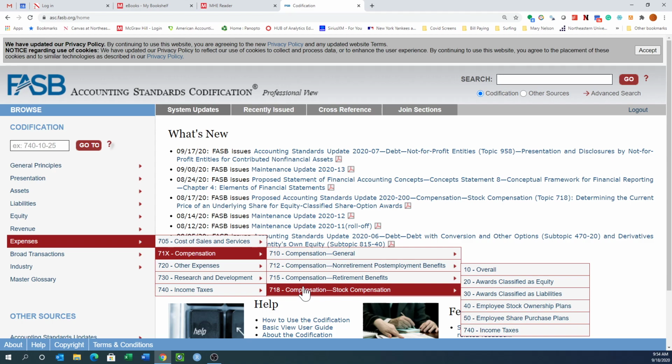And we're going to look at the overall section 10, section 20, section 30, and section 50. Employee stock ownership plans, those are really dealing with other elements that are beyond this particular scope. You can always take a look in there and see how you move your ownership from whoever currently owns the company to employees now owning the company.